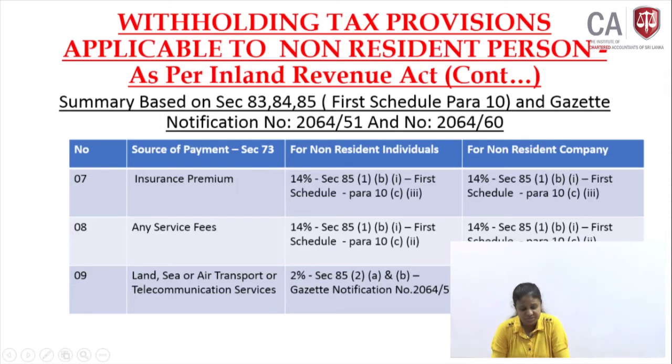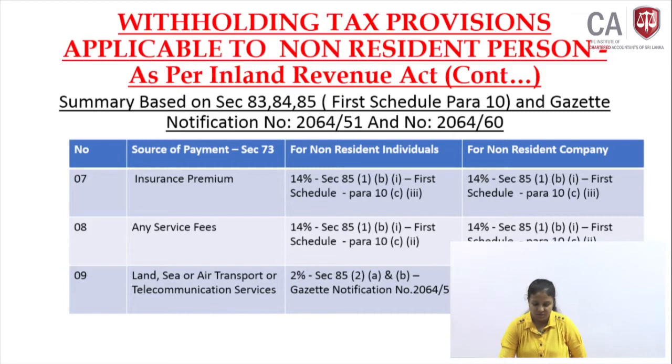The same provision applies. And the next one, can you remember under sources of payment section 73, land, sea or air transport or telecommunication services? For these, actually the rate is linked to the gazette notification.